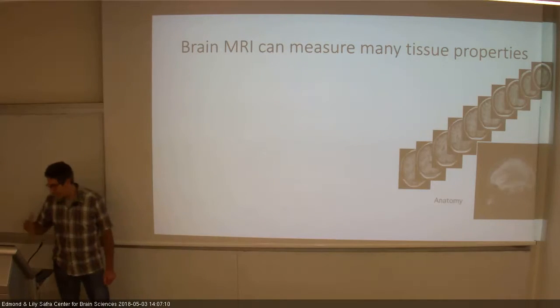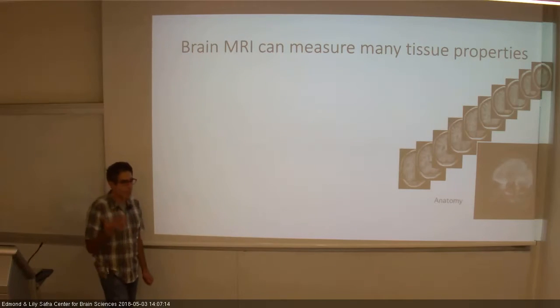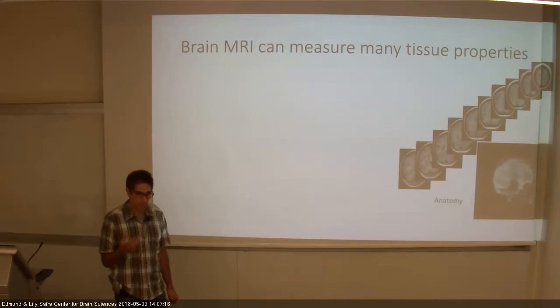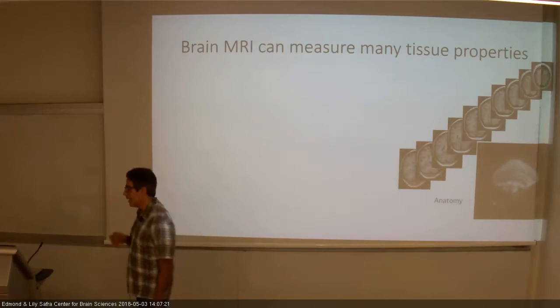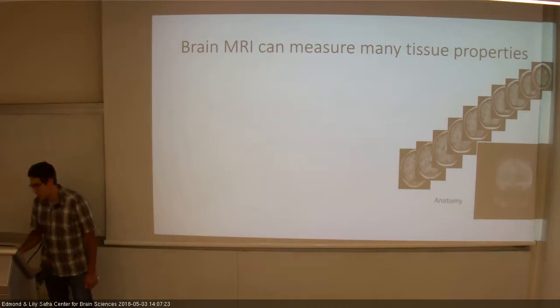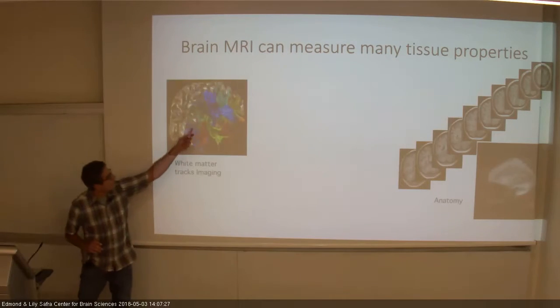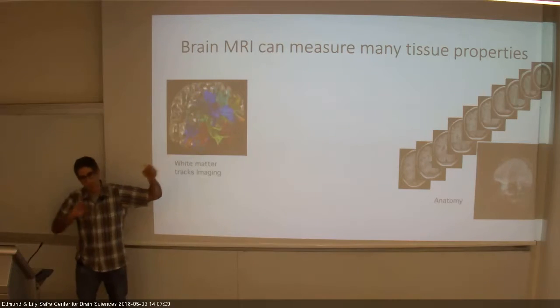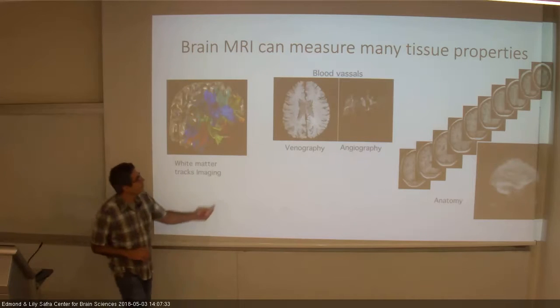But there are other ways to look at the brain, and it's actually a wonderful machine. There's not one thing you can do with it. There are different things you can do with it, and we're going to understand what these different things are, and we're going to get different information. If this one was structure, there is a different type of structure in which we can image white matter pathways, so looking at orientation, or we can look at blood vessels.